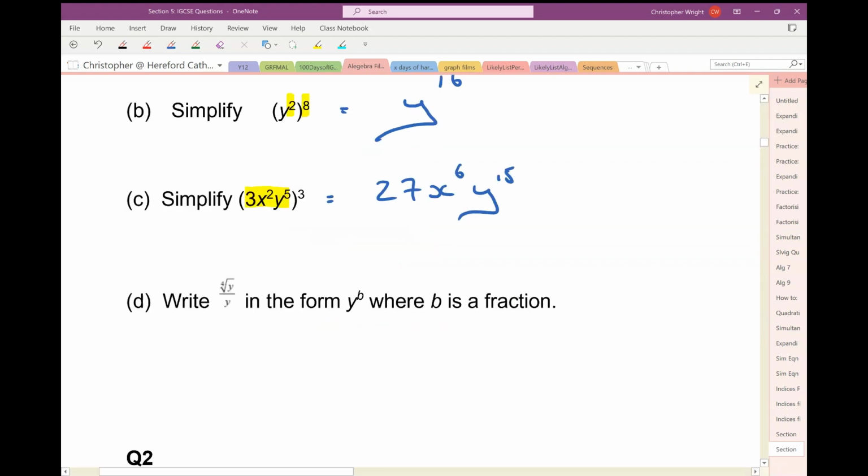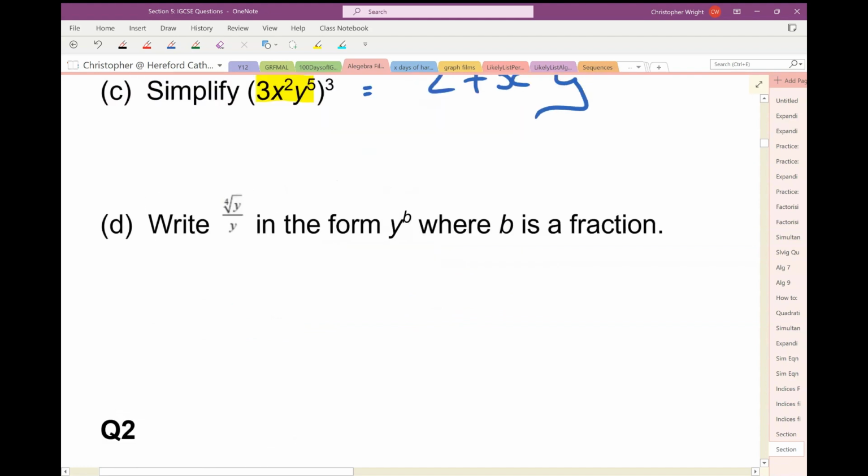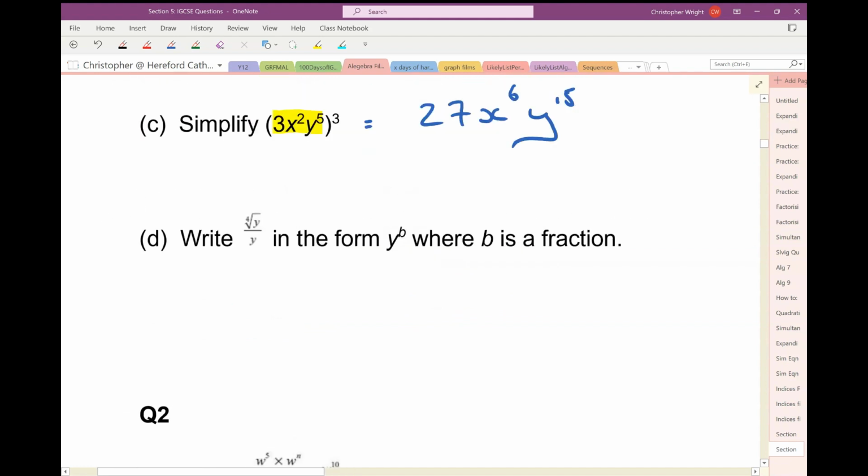And part D, I need to write this fraction in the form y to the power of b. So essentially, I need to write this fraction as y to the power of something and see what that something is going to be. Let's have a look. The top of the fraction is the 4th root of y, so that's y to the power of a quarter, and that's over y.